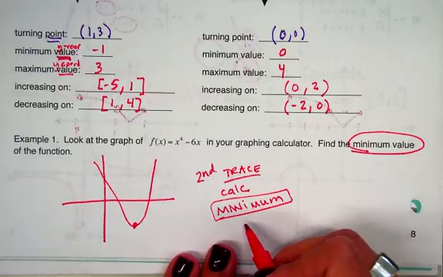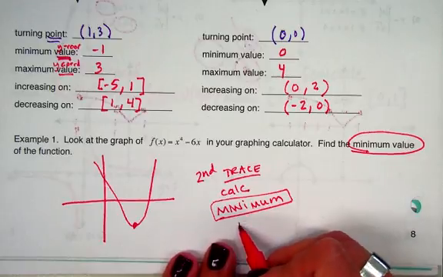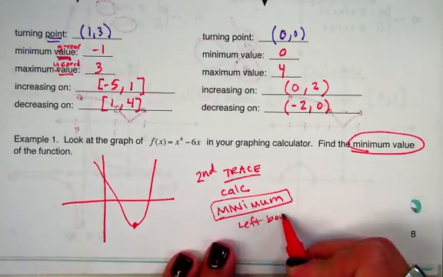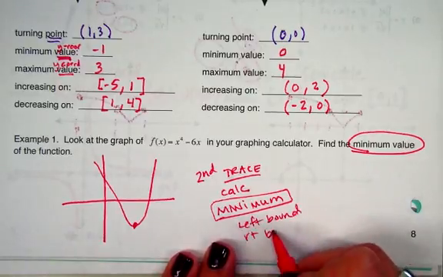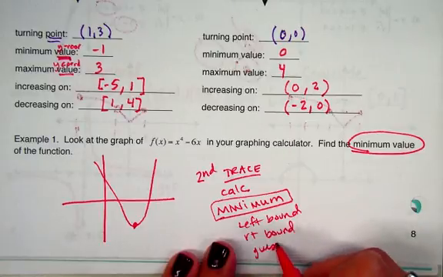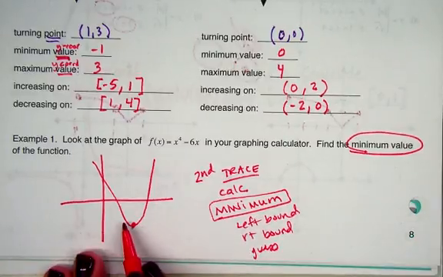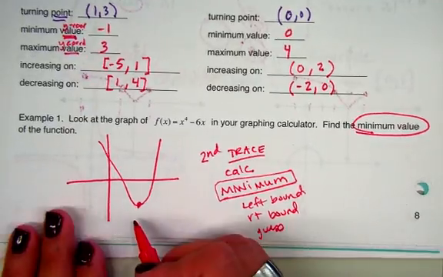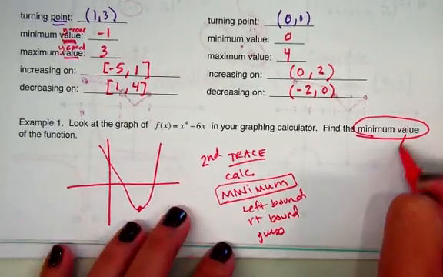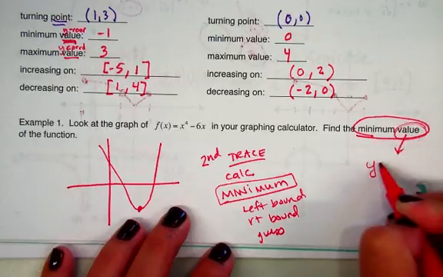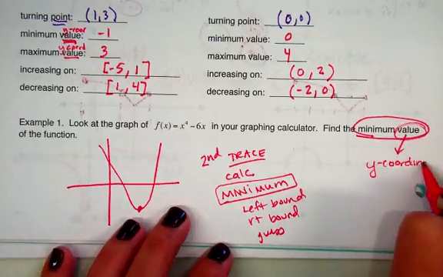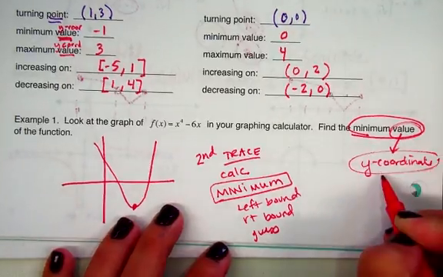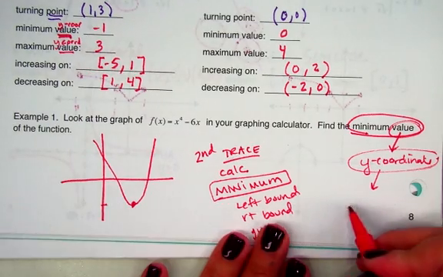It's going to ask you for a left bound, a right bound, and then a guess. So I would go close to this and do a left bound, then a right bound, and then my guess. And then it should give you the coordinates. And again, for minimum value, notice the word value, that means I want the y coordinate. So what is the y coordinate? I believe it's something like negative 5.15.